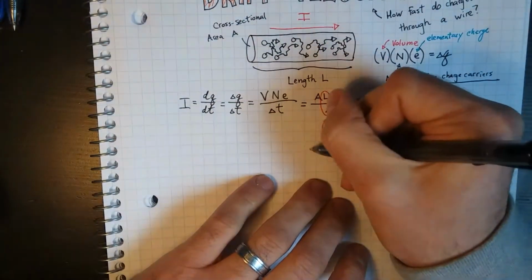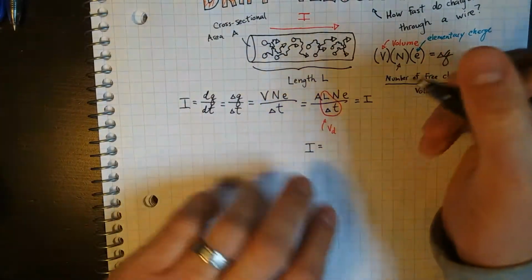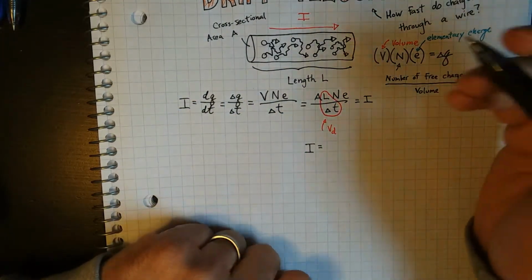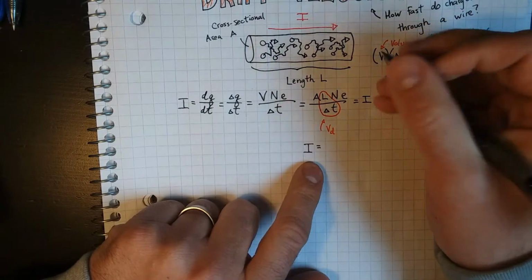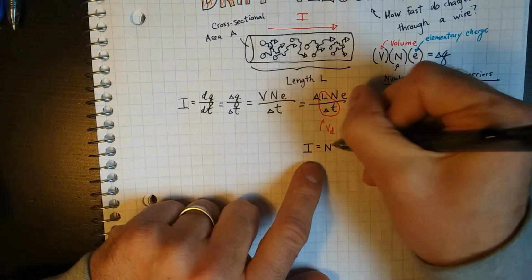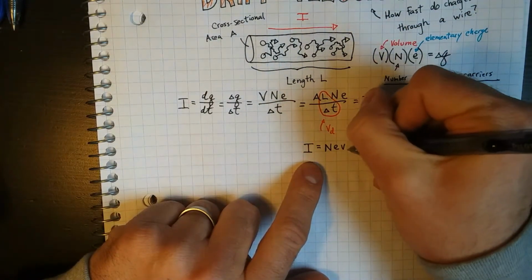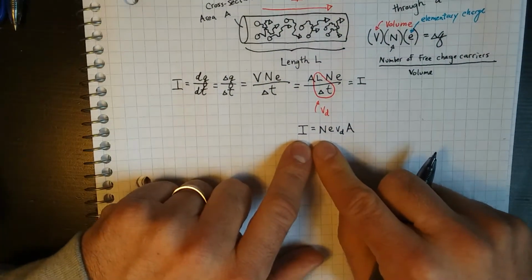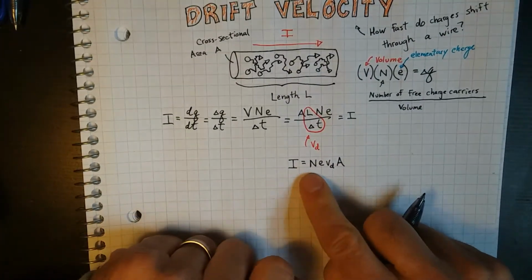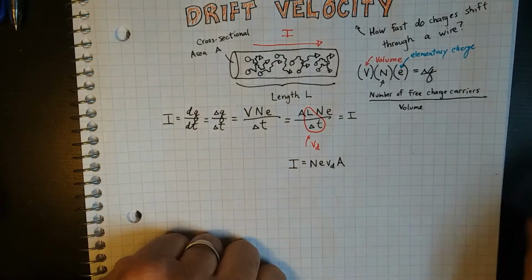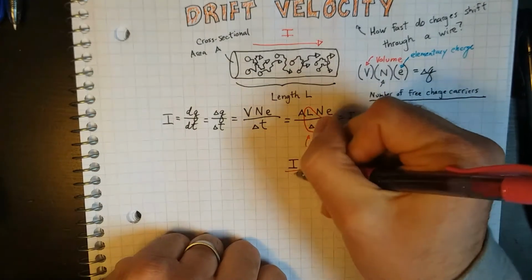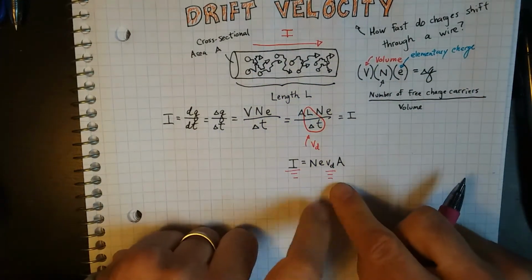So we did it. We looked at Ohm's law, or the flow of current, and we looked at what was happening on a microscopic scale. So that's equal to, I can do this, N times E times V sub D times A, and it makes a fun little expression. Neat things about that is that the drift velocity is directly proportional to the current, which kind of makes sense.